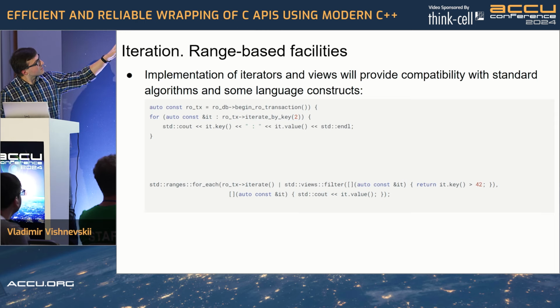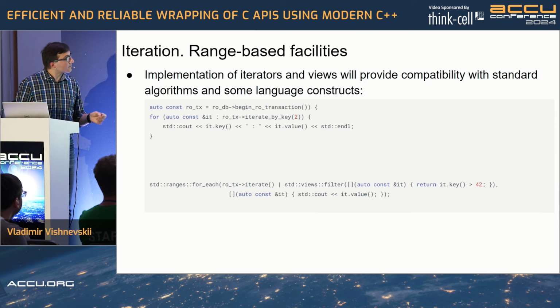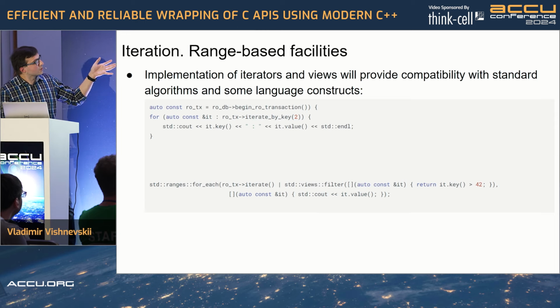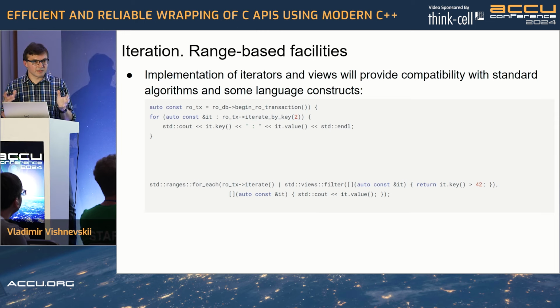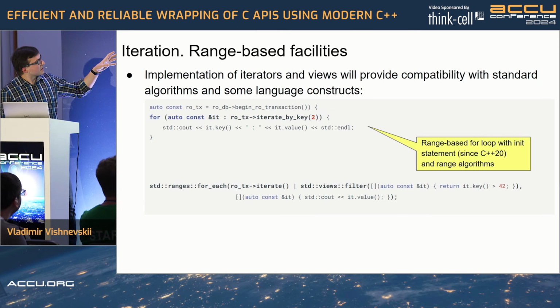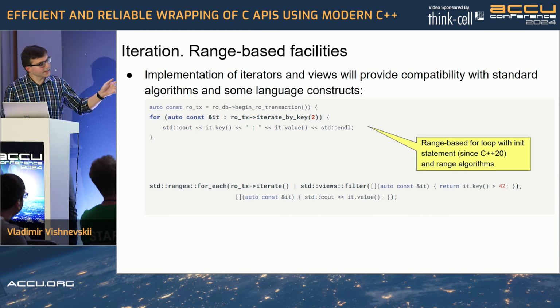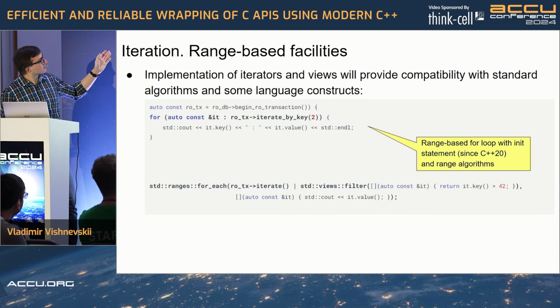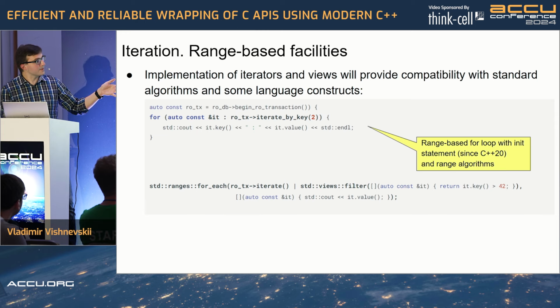So here is an example of what we could achieve if we implement some form of custom iterators and views. This would allow us to use the standard facilities with the data that we can retrieve from our C API.